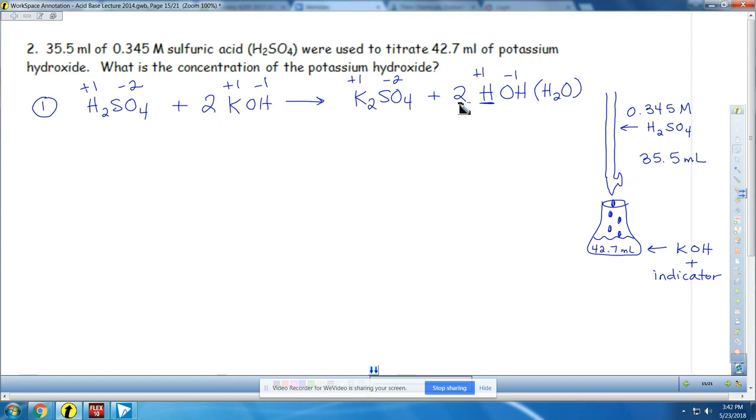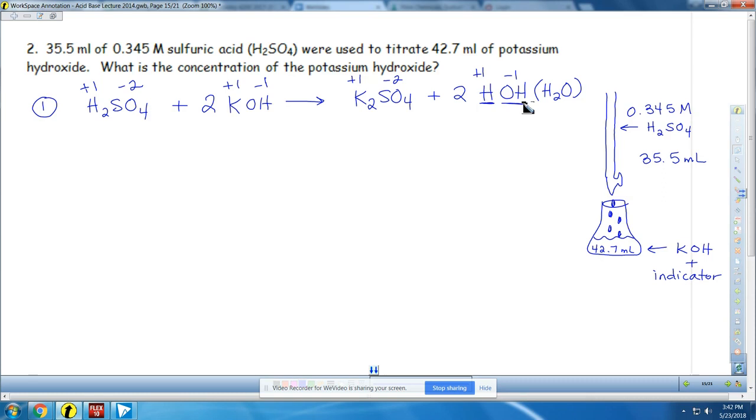But again, by putting the 2 out in front of water, I get the 2 +1 hydrogen ions, and then the 2 -1 hydroxide ions. And she's balanced. But it's not a 1-to-1 ratio. Well, in this case, the sulfuric acid has 2 hydrogen ions.